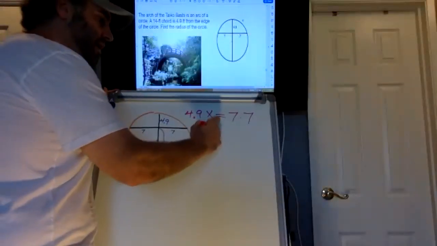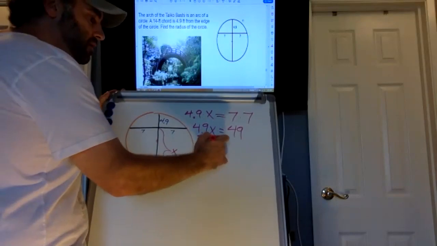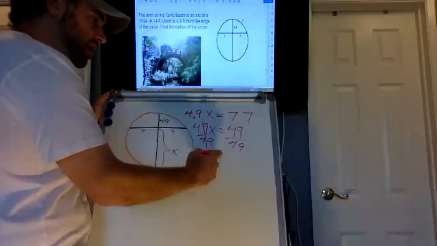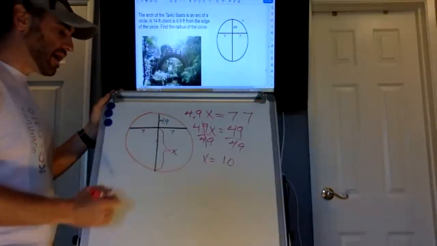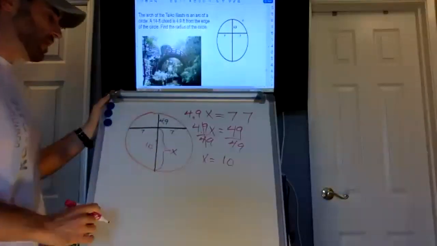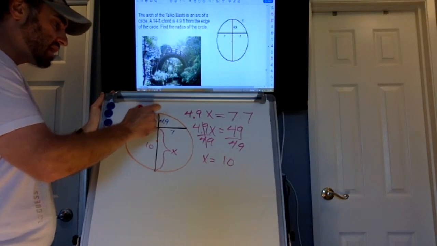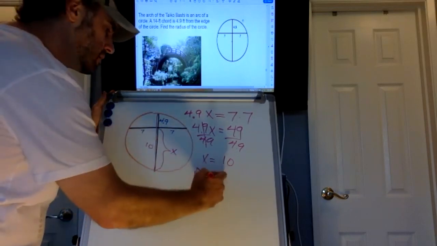So 4.9x is equal to 49. Divide, I wonder what 49 divided by 4.9 is. Okay, x is equal to 10. But that's not the answer, because if this is 10, that's not the radius. So what you do is you then think, oh, then what is the diameter? The diameter is 10 plus 4.9.